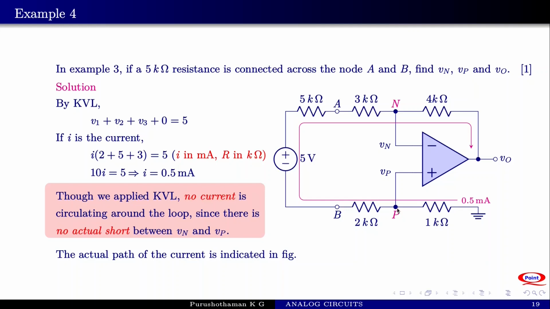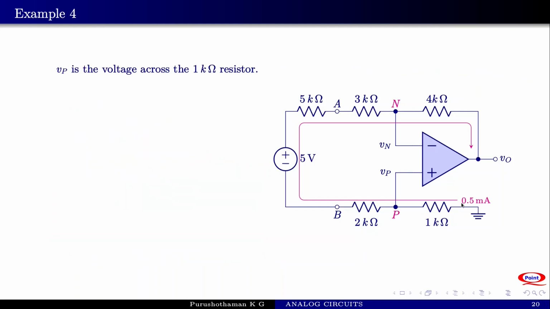The voltage at point P is the voltage across a 1 kilo ohm resistance with respect to ground. The voltage at P with respect to ground will be minus the voltage across the 1 kilo ohm resistance, which is equal to minus 0.5 volt. So Vp is equal to minus 0.5 volt.